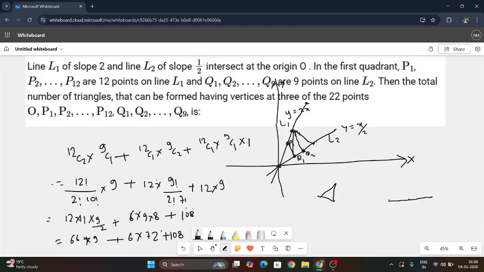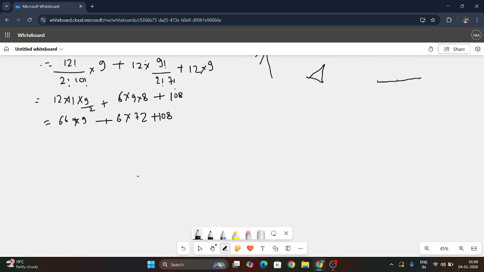Okay, so these things you can do here, and if you add you will get 1134. Okay, 1134 is the number of the triangles.